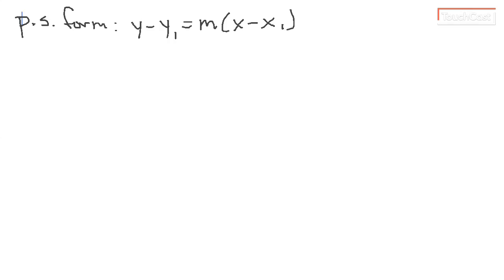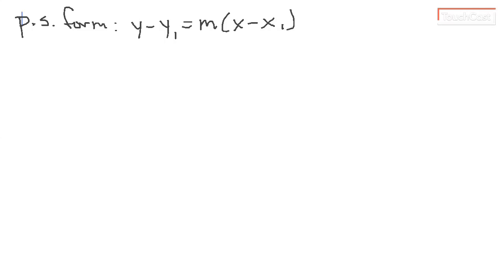There's a couple things we need to keep note of. We're going to look at the point-slope form of an equation, I'll just abbreviate that as PS form. As a reminder, that's y minus y1 equals m times x minus x1. But we're going to replace a couple of these values with some other stuff we know.